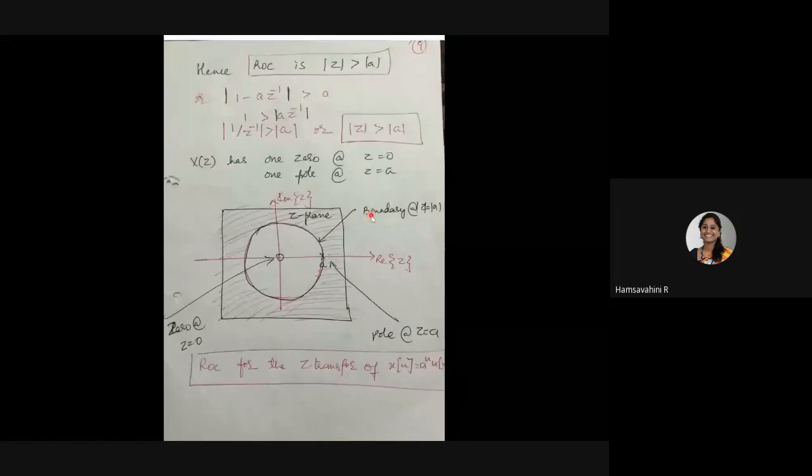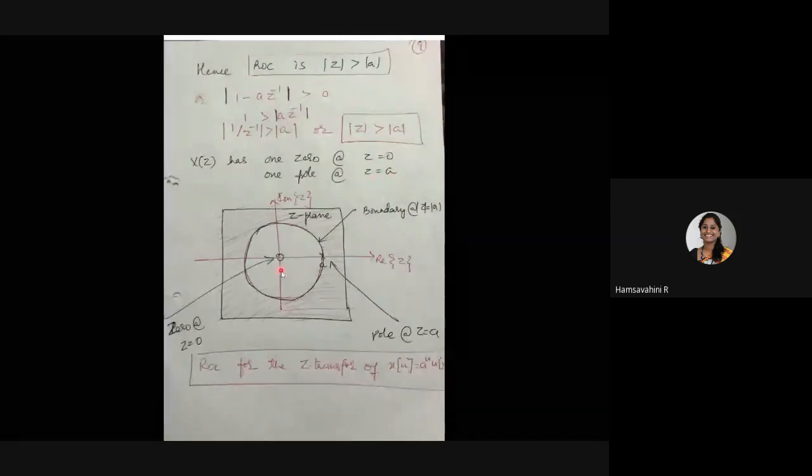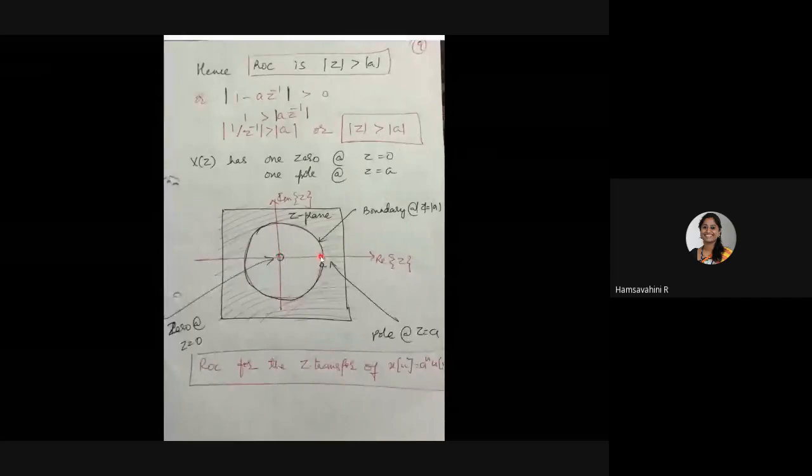If you go back and study the properties of ROC, ROC will always make a circle of radius equal to the pole magnitude. In this case, the pole magnitude is a. So the zero is at 0 and the pole is at a, which makes a circle of radius a.